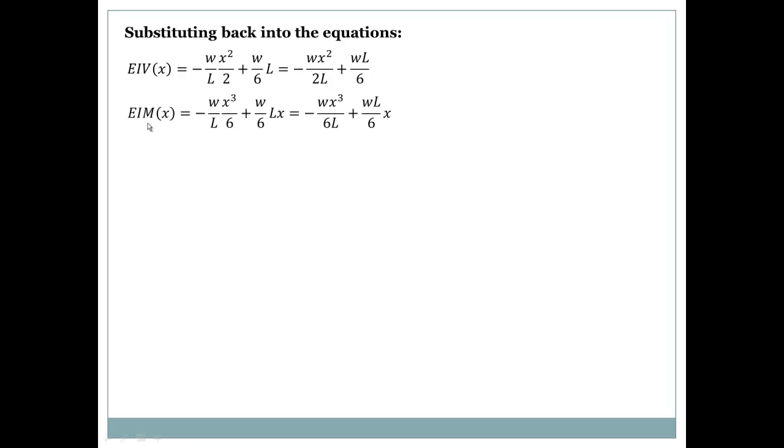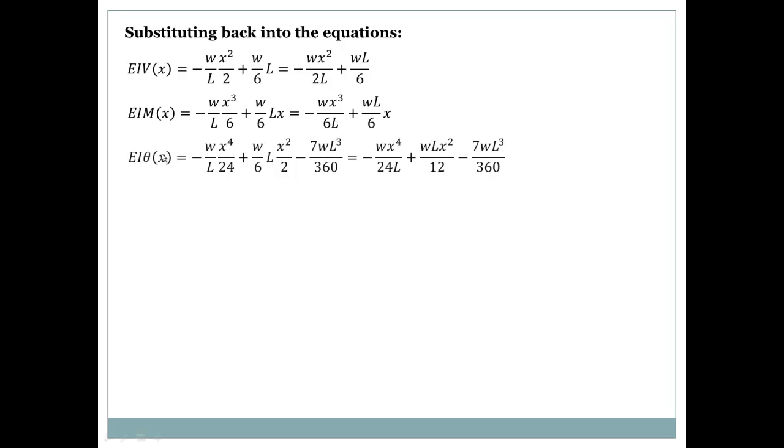Now let's substitute them back into the equations. The equation for the shear is this, and simplifying it will look like this. Now the equation for the moment is this, and simplifying it will look like that. The equation of the theta is this.